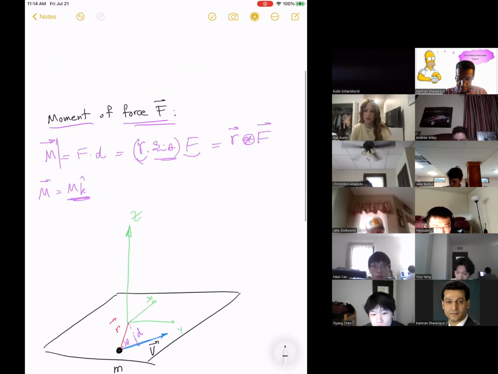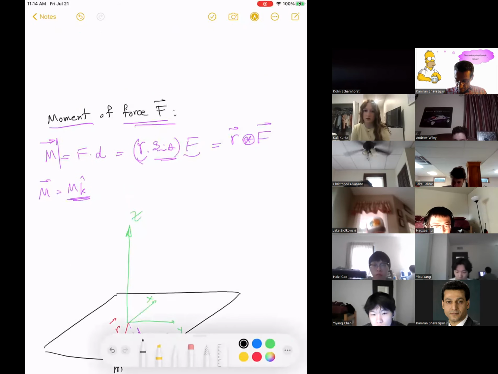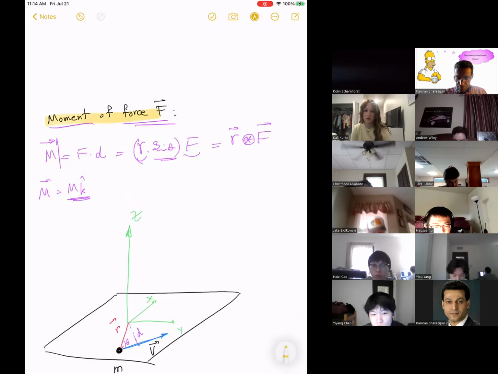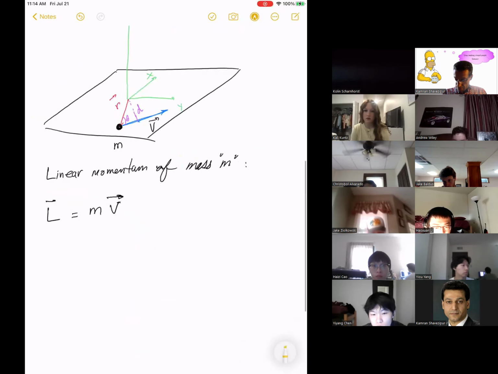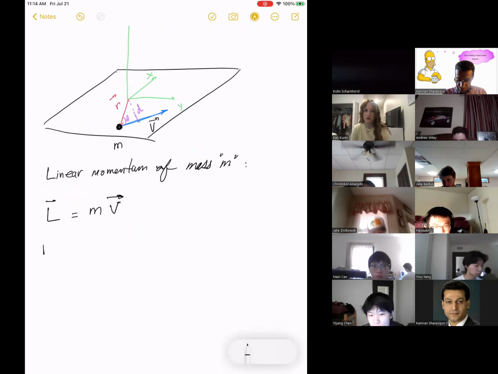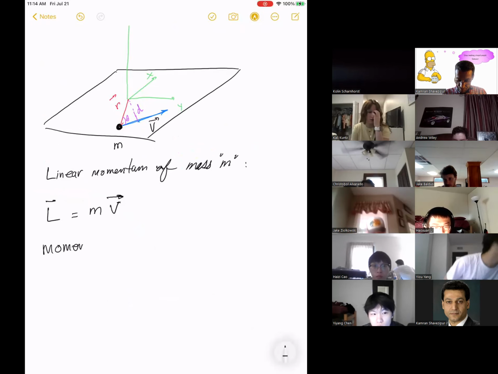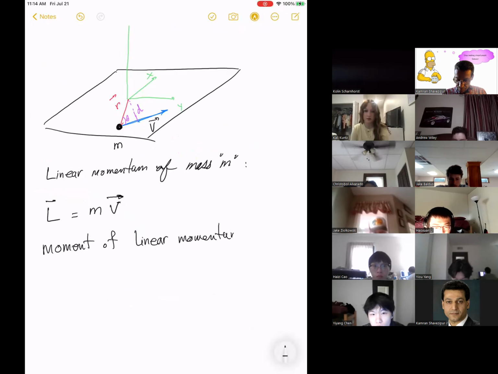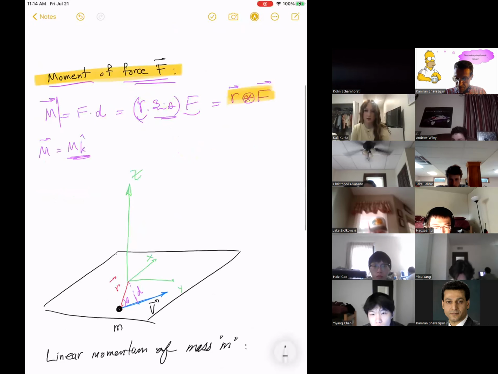Now, look here. To define the moment of a force, I took the force and the position vector cross, right? Now here, to find the moment of linear momentum, I'm going to repeat this equation.